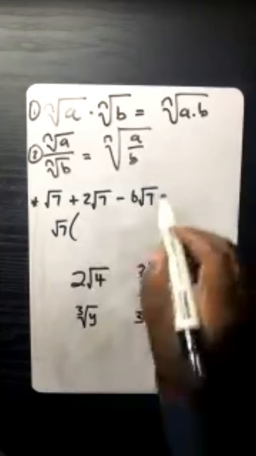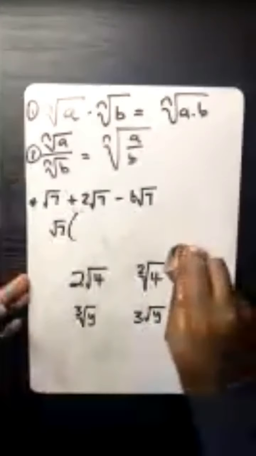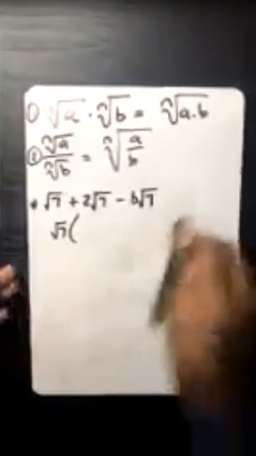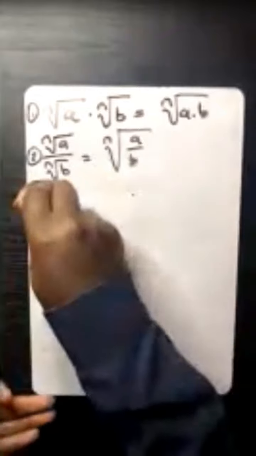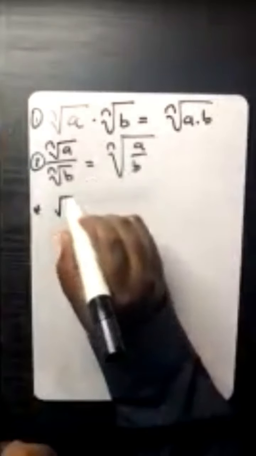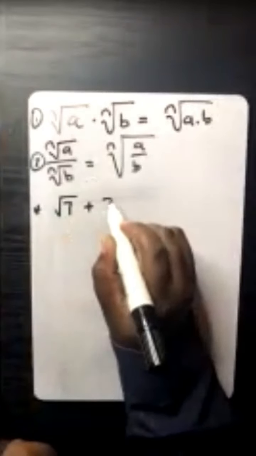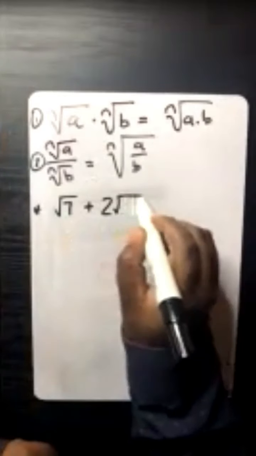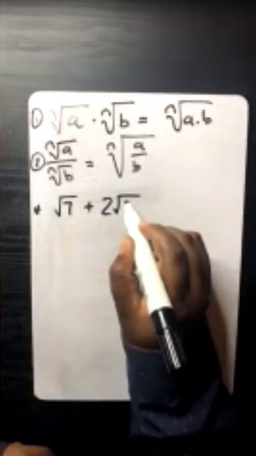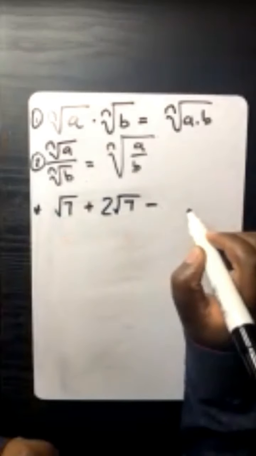So this thing that I wrote over there, let me just rewrite it nicely so that it doesn't confuse you guys. So this is square root of 7 plus 2 square root of 7 minus, what is it?